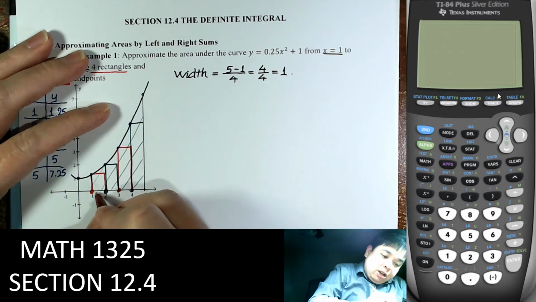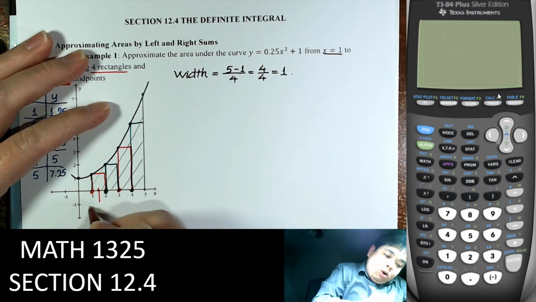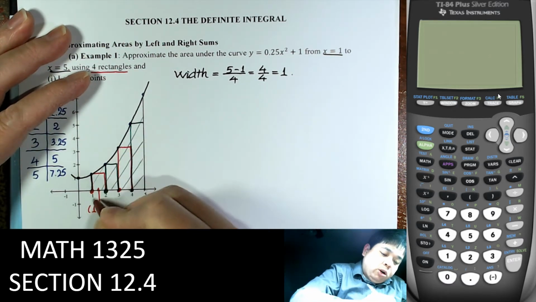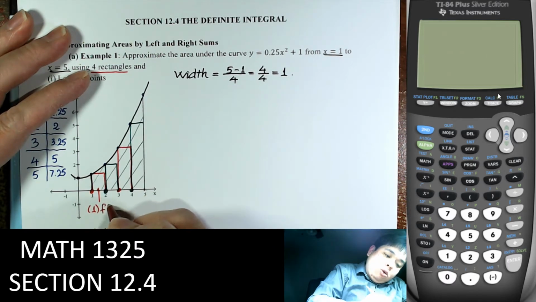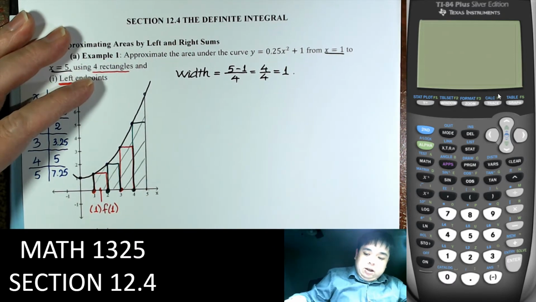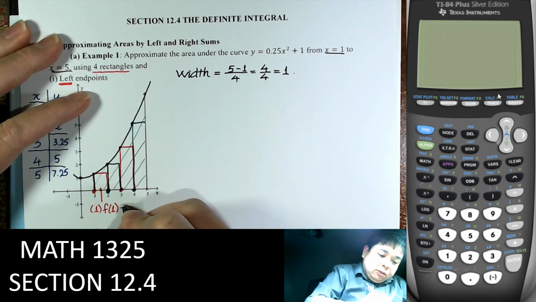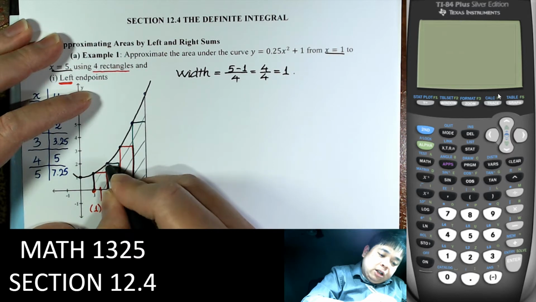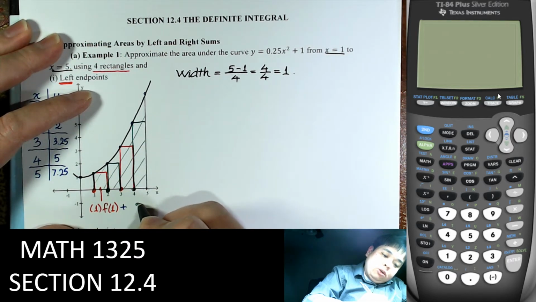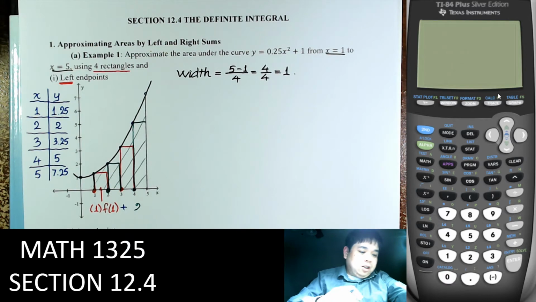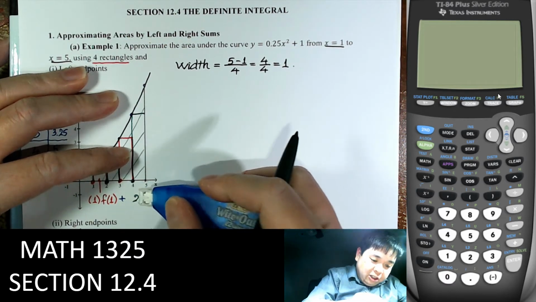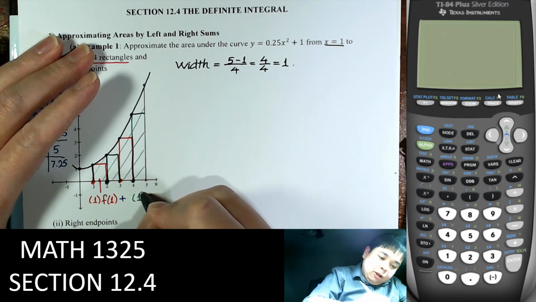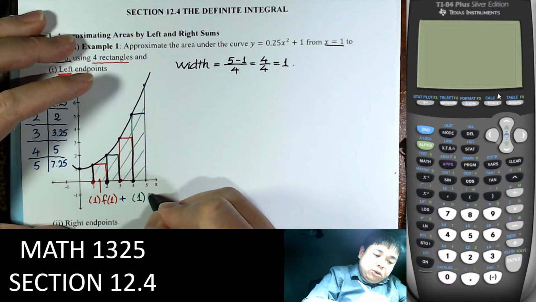The first rectangle is here. The width is 1. The height is based on the left endpoint, which is 1, so f of 1. And now we add the second. The width is 1. The height will be based on the left endpoint, 2.